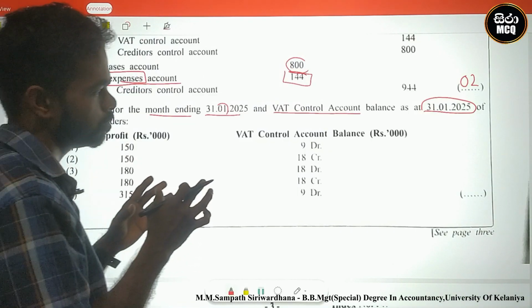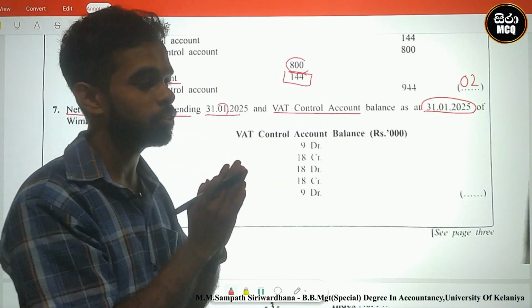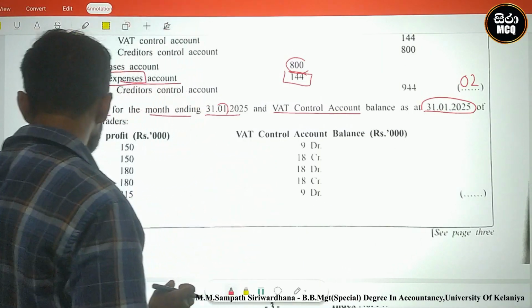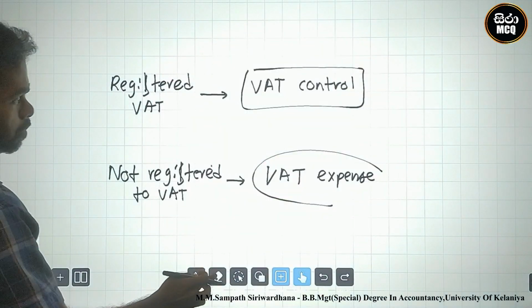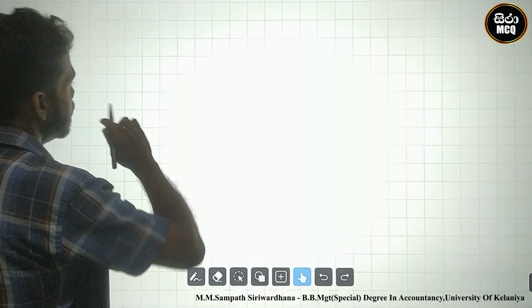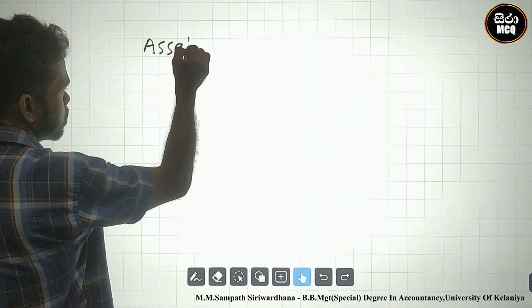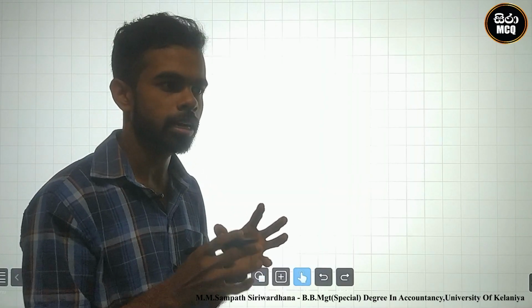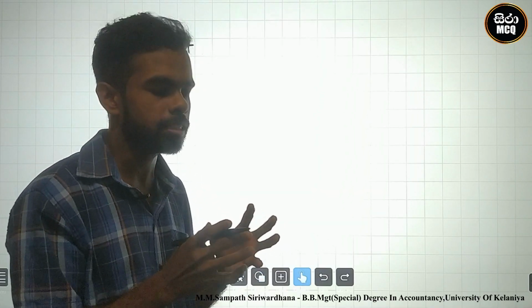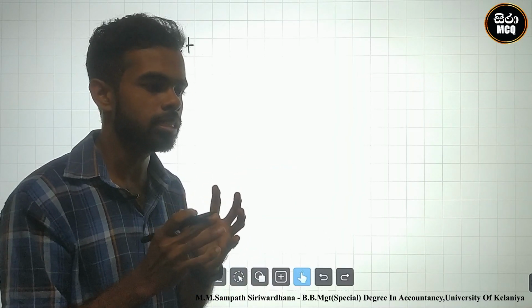Therefore, to identify these two, net profit and VAT control account balance, I prepare the equation impact. There is an easy way to identify the impact of VAT control and the net profit.